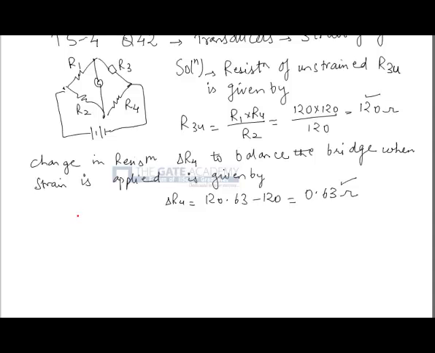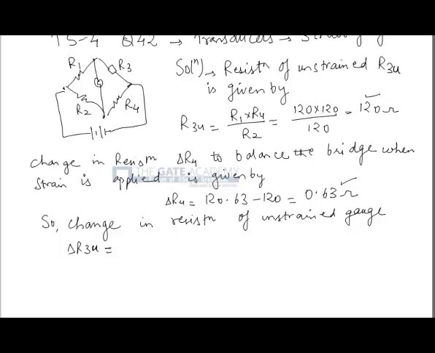So the change in resistance of the unstrained gauge, so you have delta R3U.